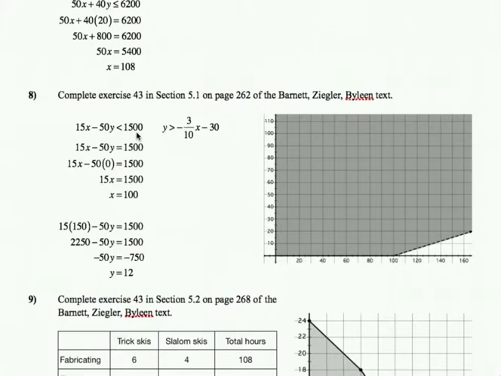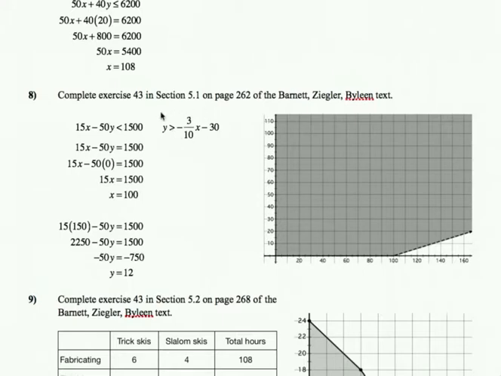Well, we need to realize that if we solve for y to get the inequality that we would then graph as a line and a shaded region, because we have a negative here, when we solve for y, we will then divide both sides by a negative, and that means we would have to reverse the inequality sign.